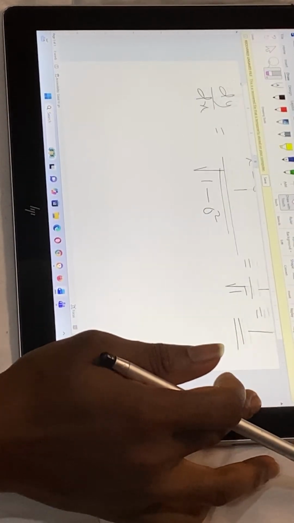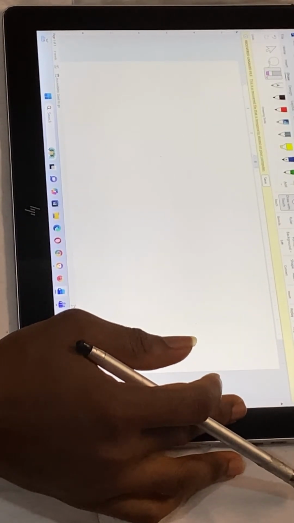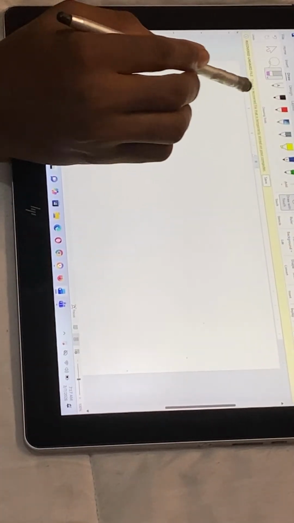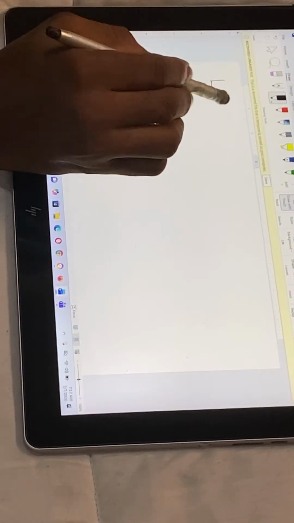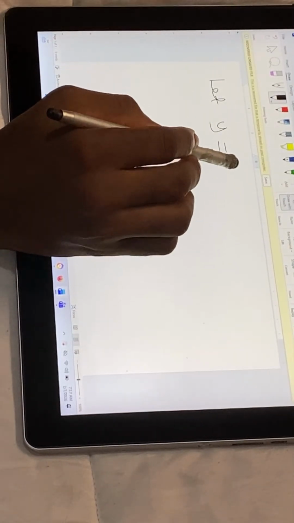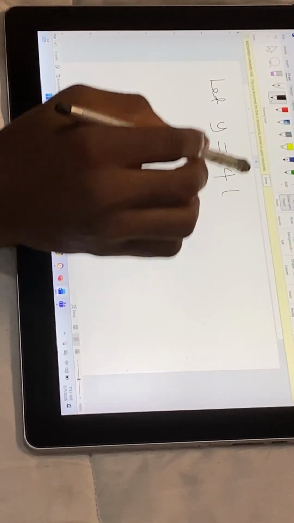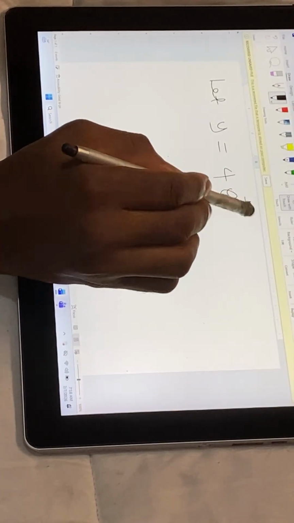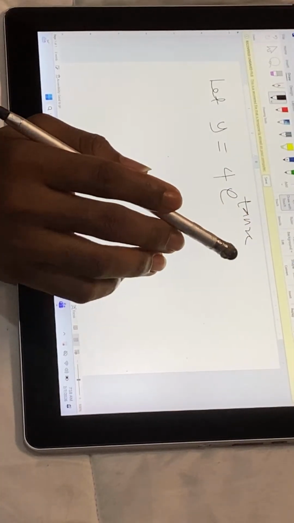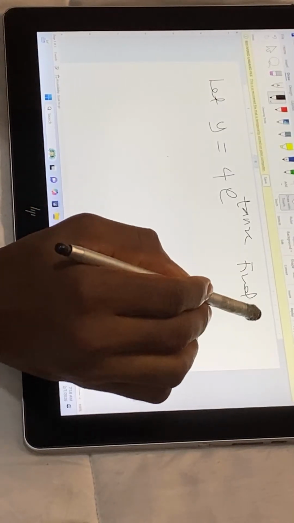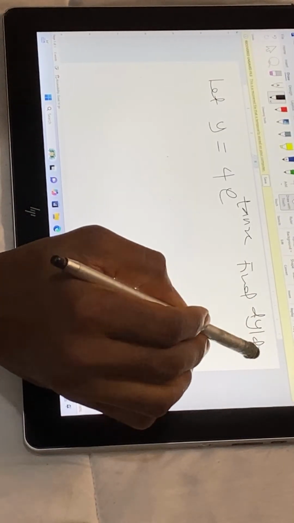Now let's solve this question here, class. The next question says, let y equal to 4 exponential tan s. Find dy over ds.